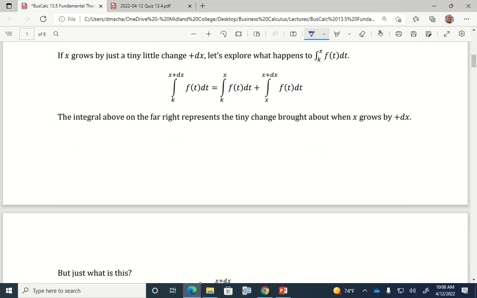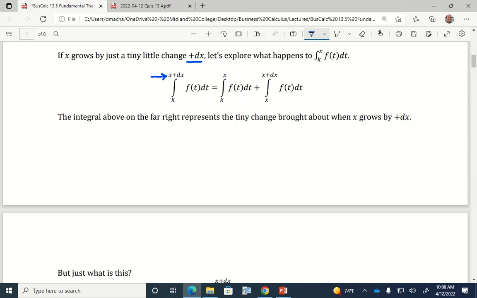So whenever we allow x, my independent variable, to grow by just a little bit, we add just a little tiny change, plus dx, to it, I would write my upper bound of my integral as x plus dx, x plus a little extra.